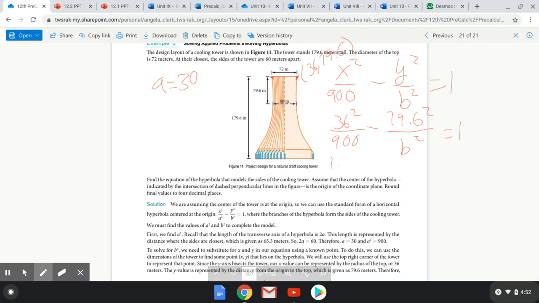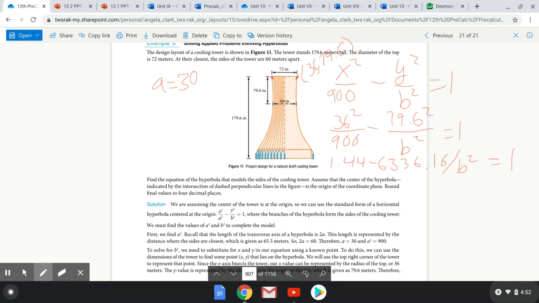So this is 1.44, and you can just do all that in your calculator, minus 79.6 squared is 6,336.16, and that's still divided by b squared. I just don't really have room.